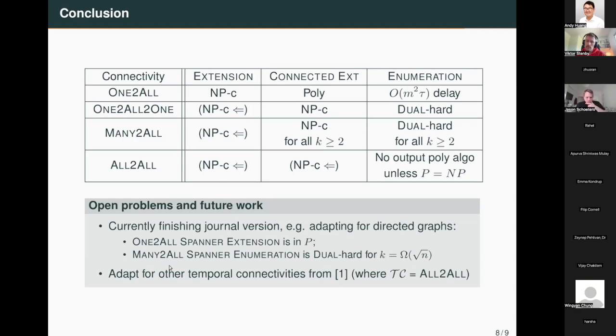And another difference, but we're still working on this because we think that we might do better just with another reduction maybe. So if we adapt this reduction that we presented in this presentation, then something goes wrong. And if we try to patch it, then we have dual hardness.